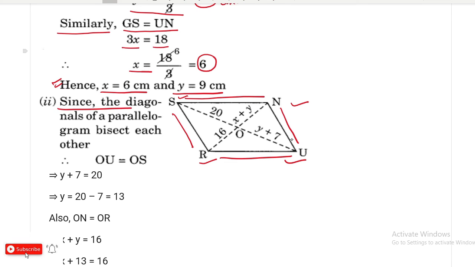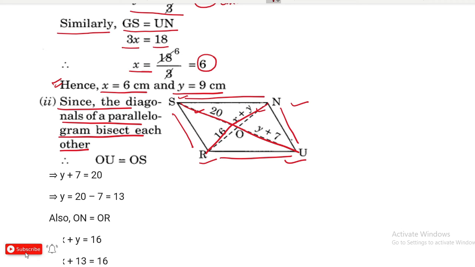Since the diagonals of a parallelogram bisect each other, by the property of the parallelogram, we know that this diagonal SU bisects RN.